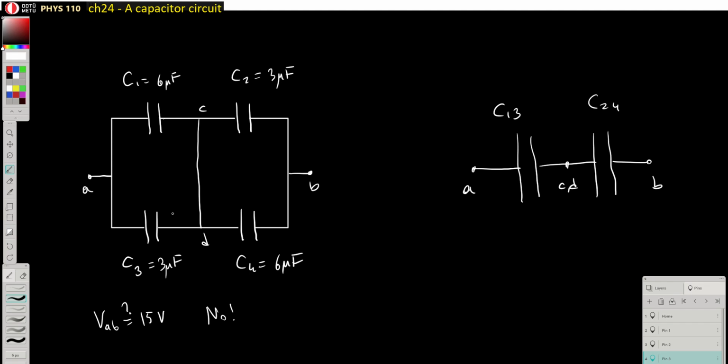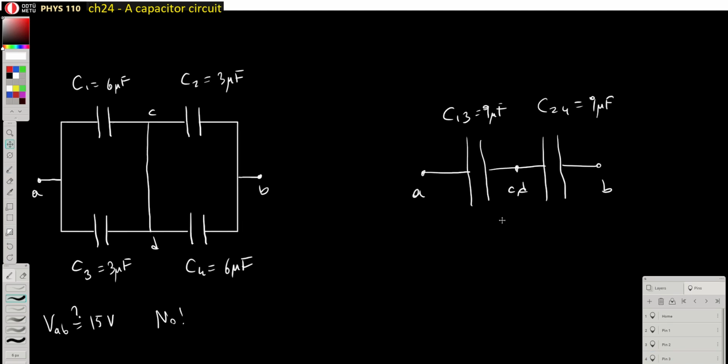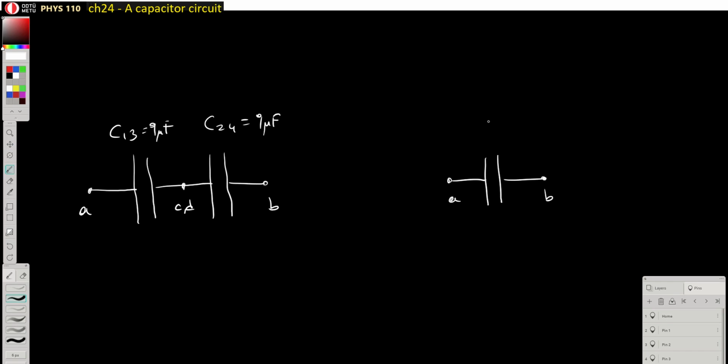This is 6 plus 3, that's 9 microfarads. And that's 9 microfarads too. So we have two capacitors connected in series, and since they are both equal, the equivalent capacitance is half of that value. So the final equivalent capacitance in that situation is 4.5 microfarads.